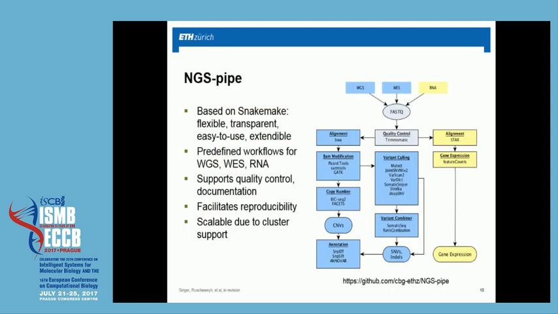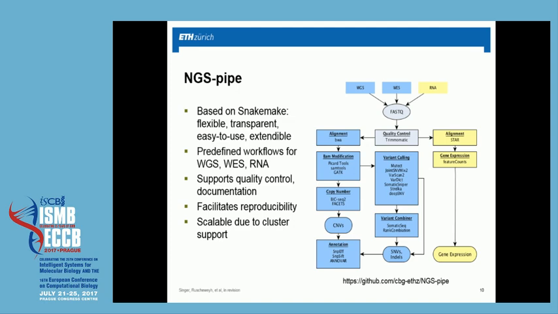Good. So I want to point out that we developed a pipeline for the sequencing data, the whole exome, whole genome, and RNA sequencing data called NGS Pipe. This is a workflow based on SnakeMake, which is a workflow manager, basically. So this allows you to formulate the analysis of these sequencing data in a way that's very flexible, that is transparent.